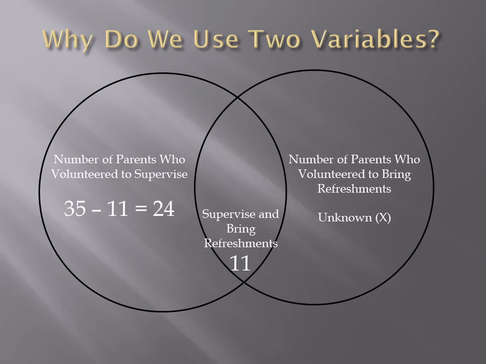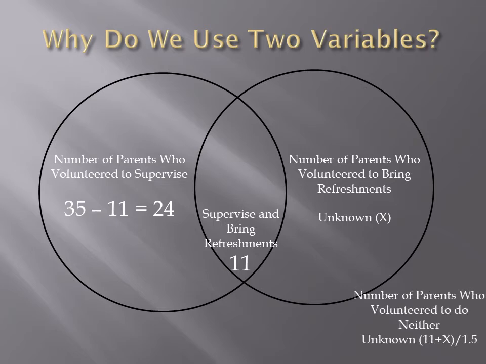refreshments. So as we draw a picture trying to use just one variable, we start off with the same initial information, with the 24 parents who volunteered to supervise and the 11 parents who volunteered to supervise and bring refreshments. Then if we still set our number of parents who volunteered to only bring refreshments as X, we can set our other number, the number of parents who volunteered to do neither activity, as a function of X, but it gets very confusing.